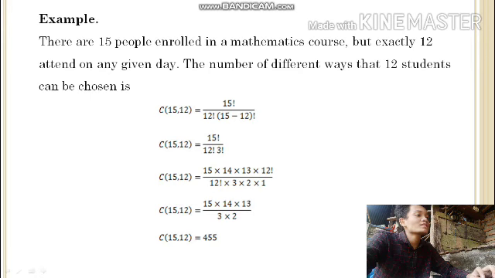The number of different ways that 12 students can be chosen is combination C(15, 12) equals 15 factorial over 12 factorial times (15 minus 12) factorial, which equals 15 factorial over 12 factorial times 3 factorial, which equals 15 times 14 times 13 times 12 factorial over 12 factorial times 3 times 2 times 1, which equals 15 times 14 times 13 over 3 times 2, which equals 455.